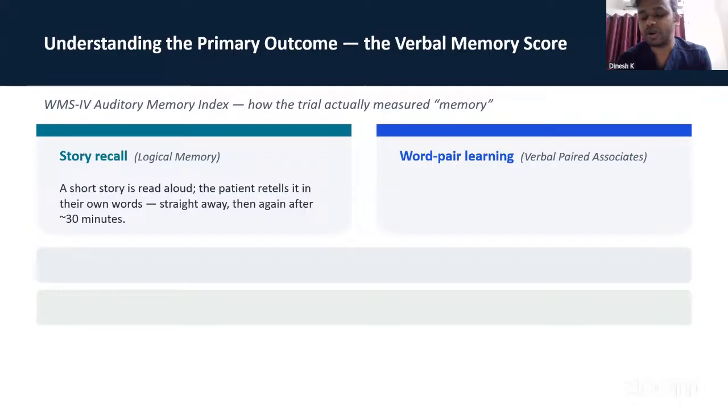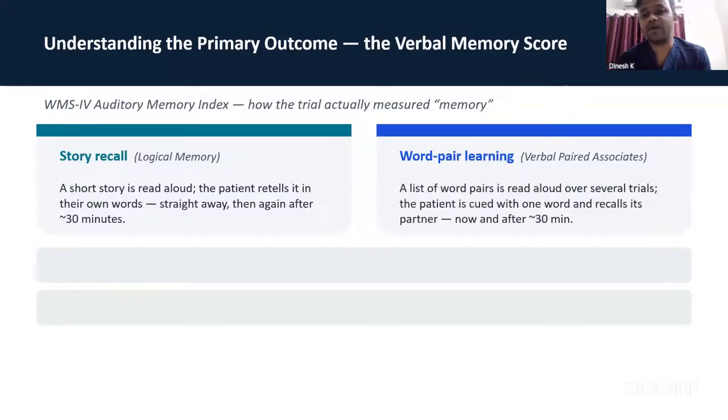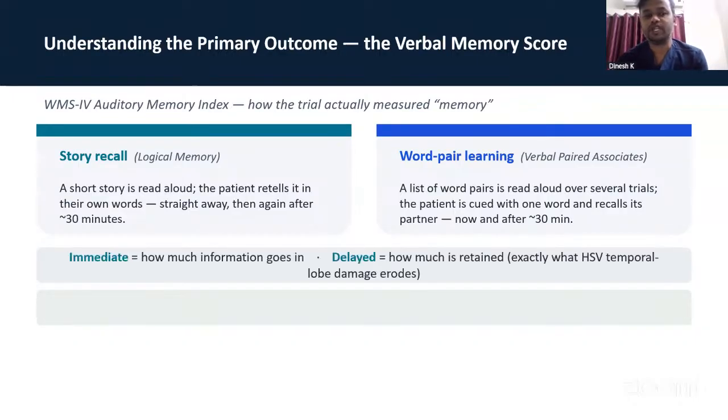The neuropsychologist keeps telling a list of paired words, and the patient has to recall them immediately and also after 30 minutes, with which they calculate the sum score. So there are four components: logical memory immediate score and delayed score, and verbal paired associate immediate score and late score.